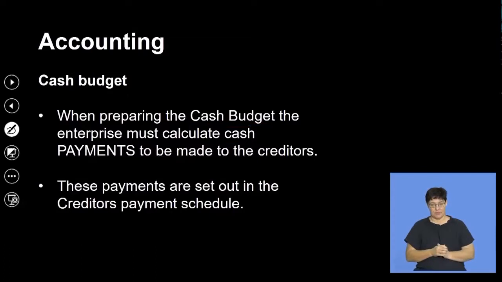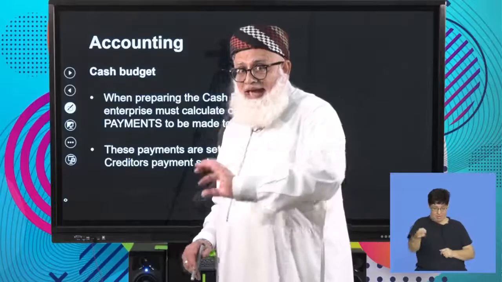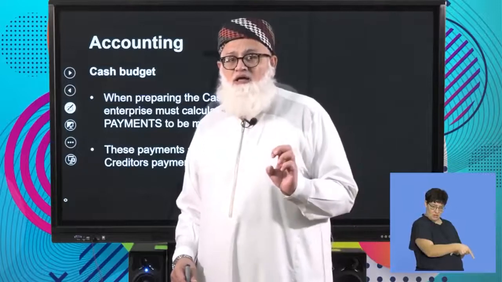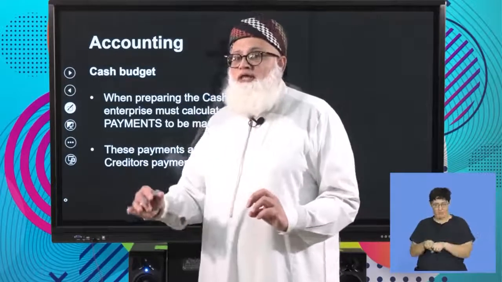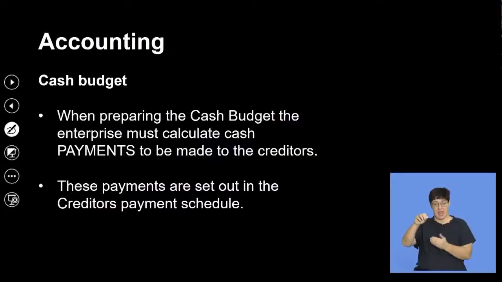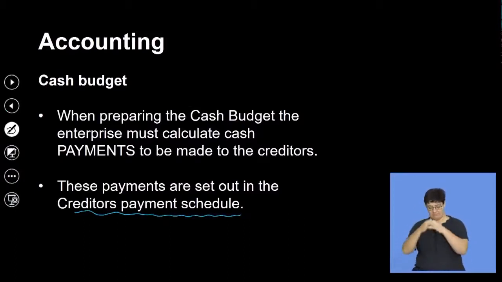So when we are paying our creditors, like we drew up a debtors collection schedule when it came to the receipts from our debtors, by the same token, when we're drawing up our creditors' payments, we need to draw up a creditors' payment schedule. Right? So you got it.